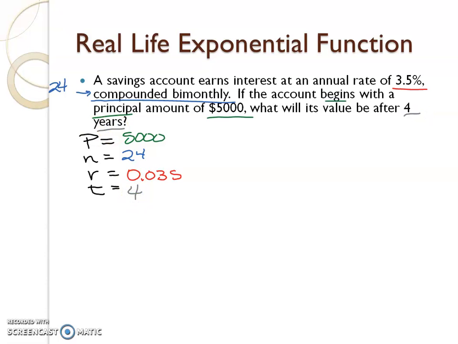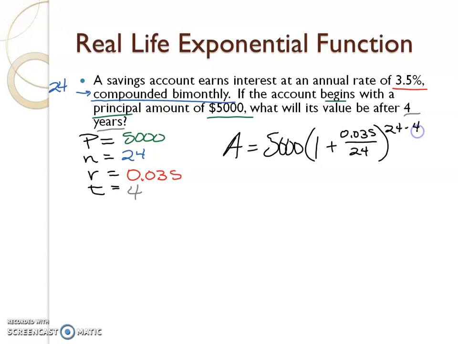So we're going to plug that in. Again, you don't have to memorize this equation. It will be given to you. 5,000, 1 plus my interest rate over how many times it's compounded. And I've got that 24 times my years of 4. Okay, again, I would simplify it inside the parentheses and up top first.